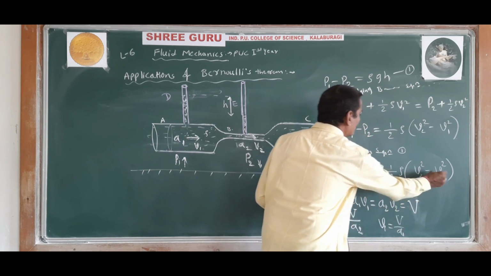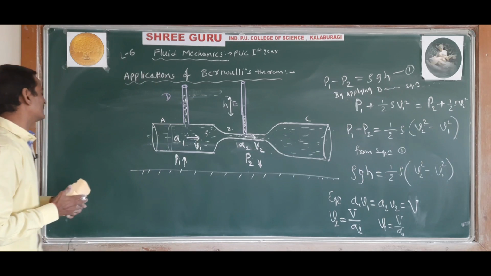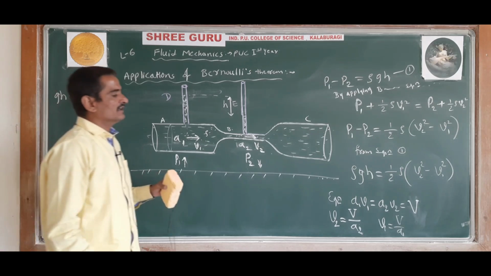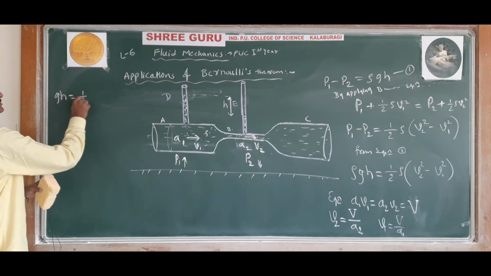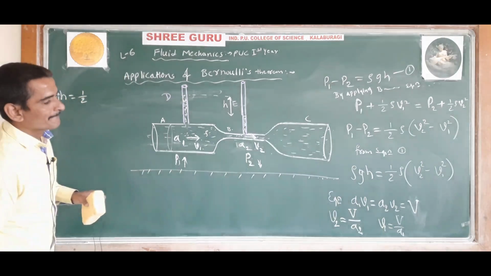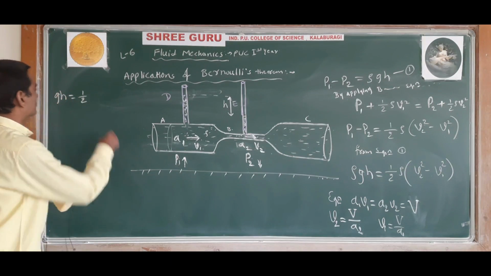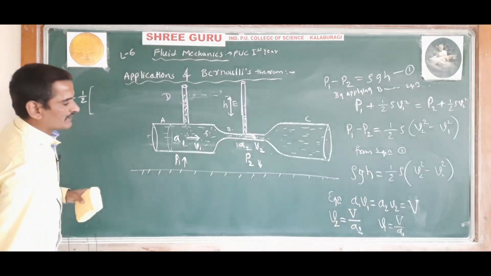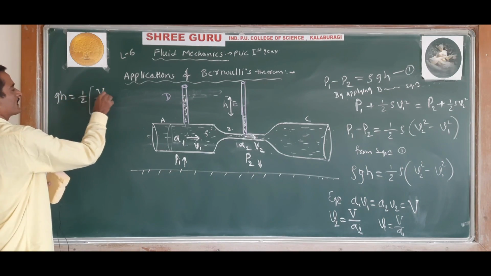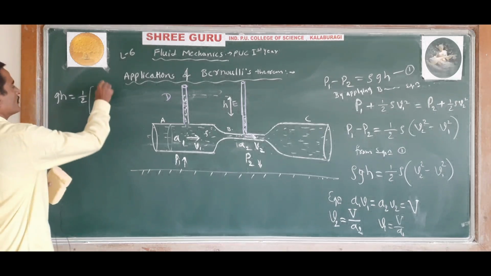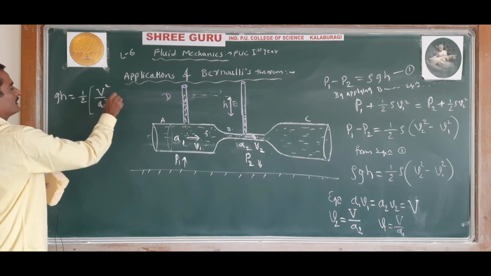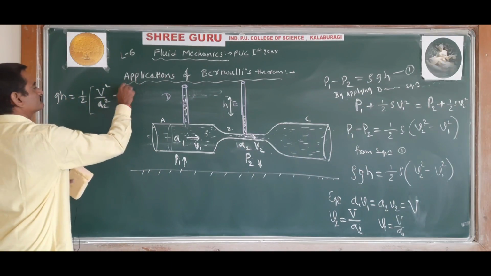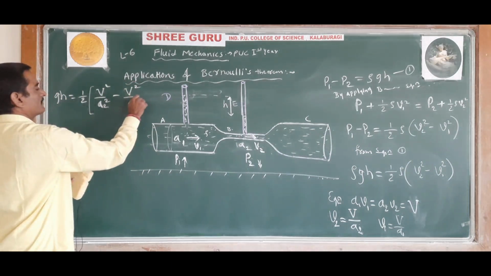Now substitute these two values over there. So I will get GH is equal to, rho cancels, GH is equal to 1 by 2 times V2 square, which is capital V square divided by A2 square, minus V1 square, which is capital V square divided by A1 square.